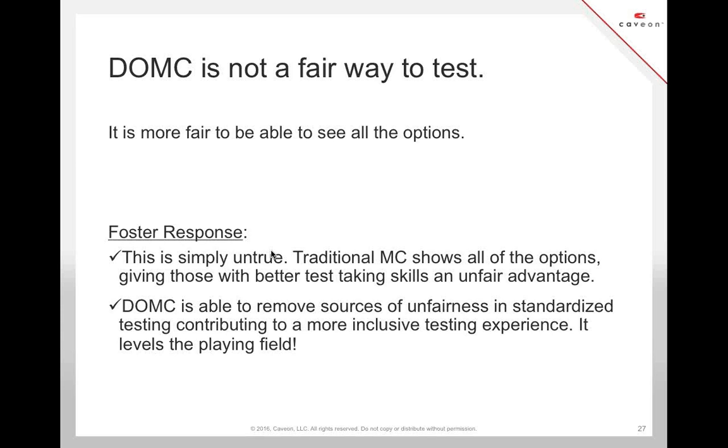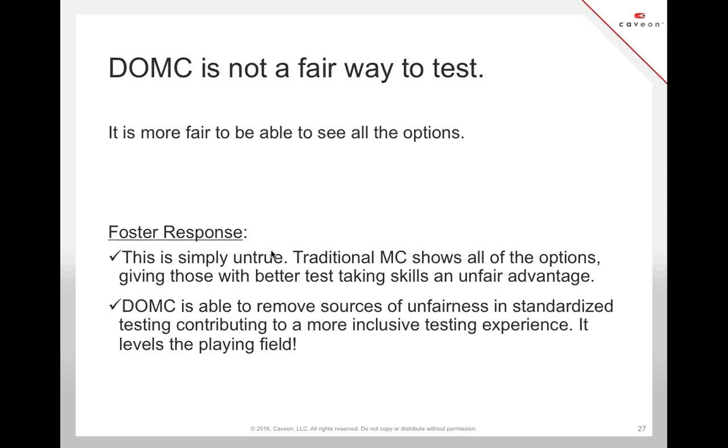But you see the bottom bullet point here. DoMC is able to remove sources of unfairness in standardized testing. It does that by removing test-taking skills. People with experience with those skills, like my daughter, or you can go to prep courses and learn those skills.